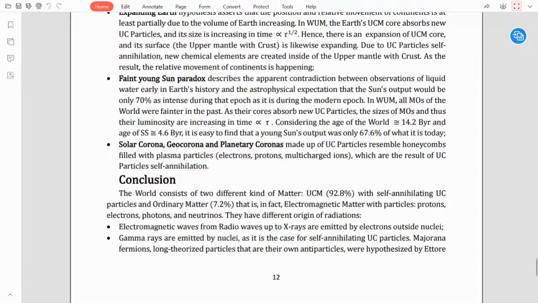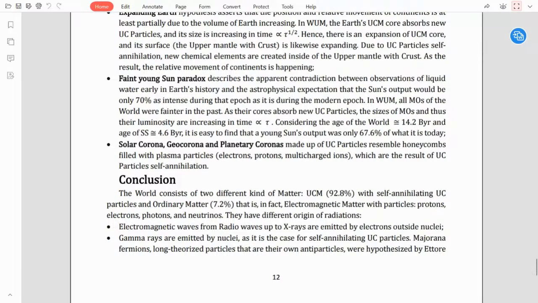They have different origins of radiation. Electromagnetic waves from radio waves up to X-rays are emitted by electrons outside nuclei. Gamma rays are emitted by nuclei, as is the case for self-annihilating UC particles.